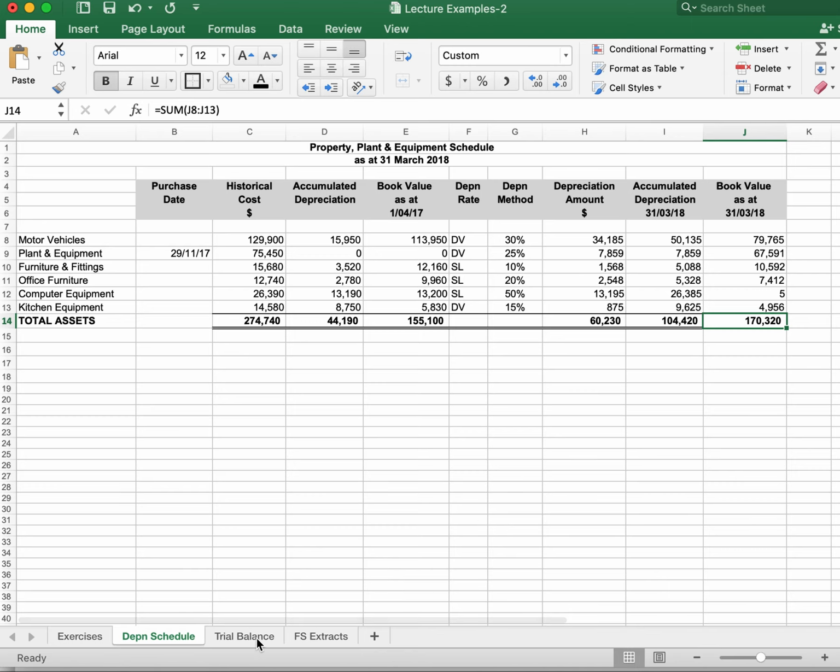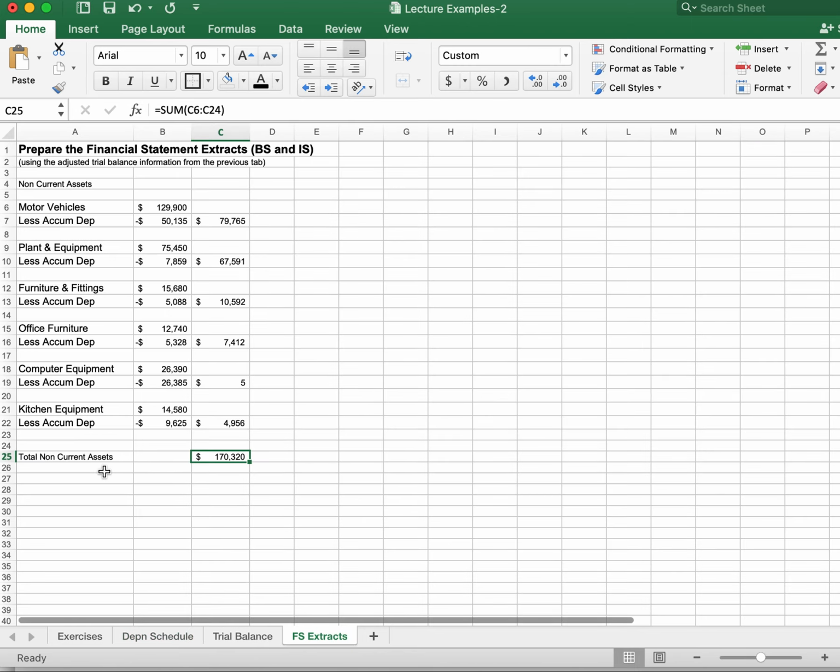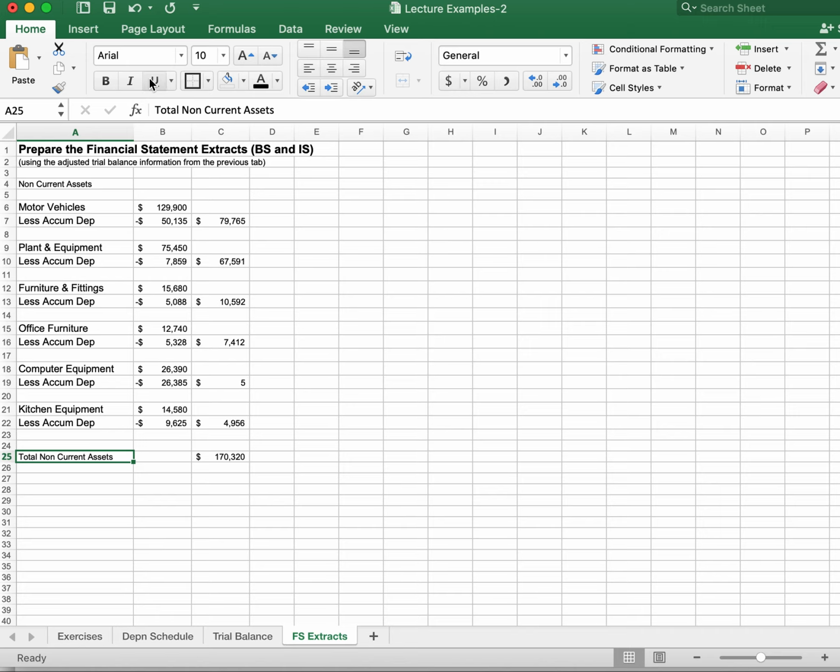Okay. So that's a good sign. All right. So there's our net assets, 170 grand. Okay. And that's the extract you need from the balance sheet.